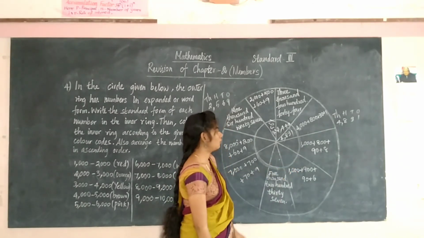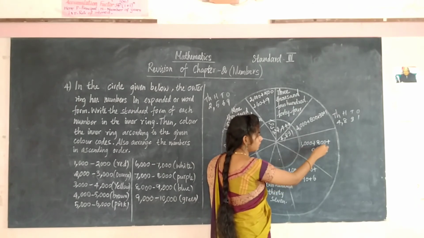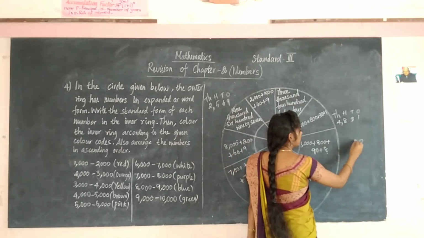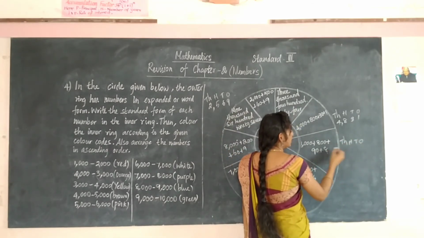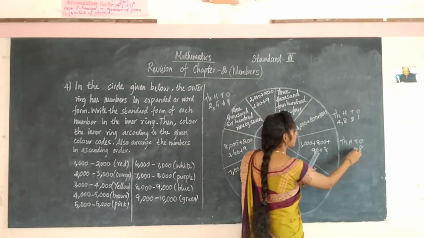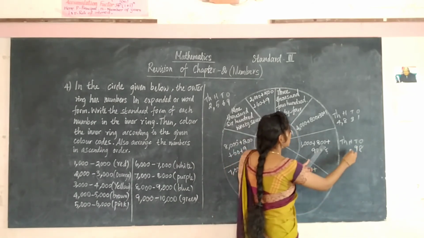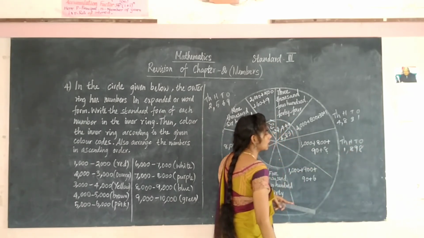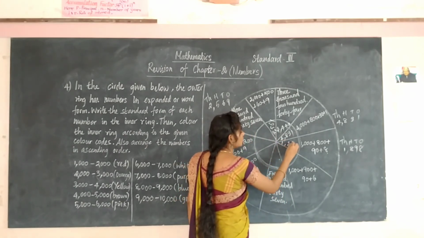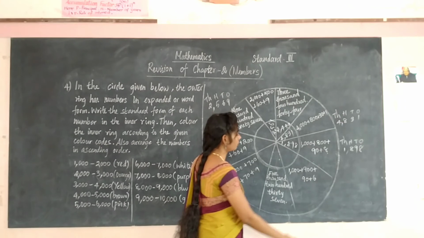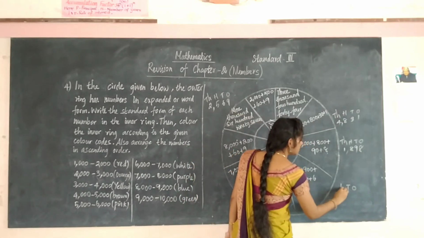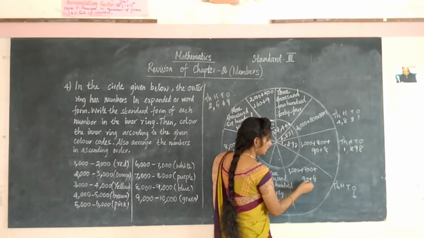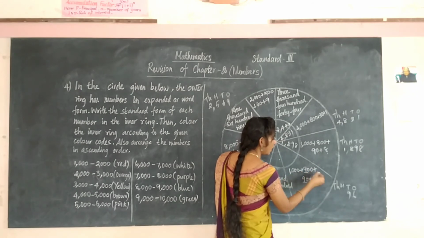Here it is given in expanded form. We are going to write in standard form. 1000 is the thousands place, this is the hundreds place, and this is the tens and ones place. So write the place values ones, tens, hundreds and thousands. In the ones place it is given 6, then 9 in the tens place, and 9 in the hundreds place.